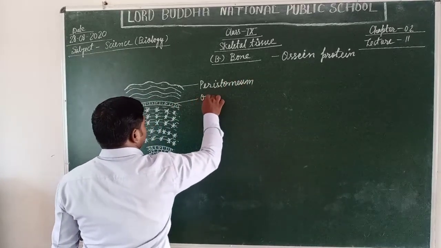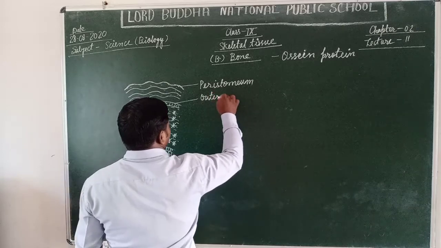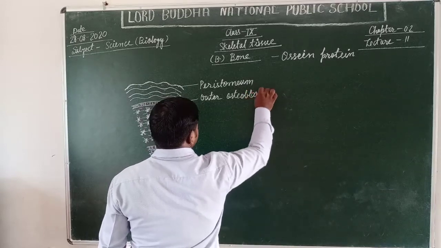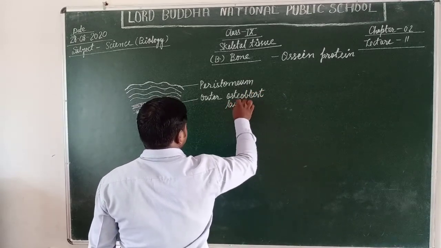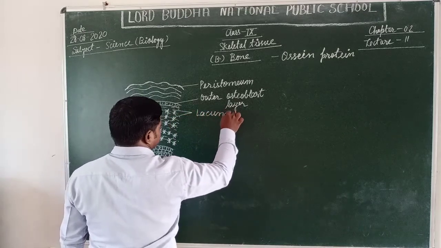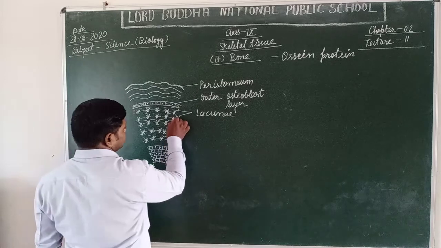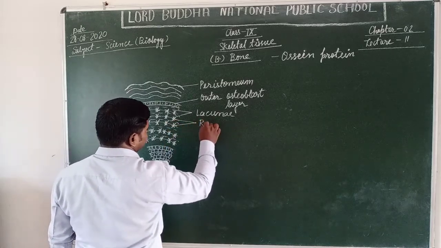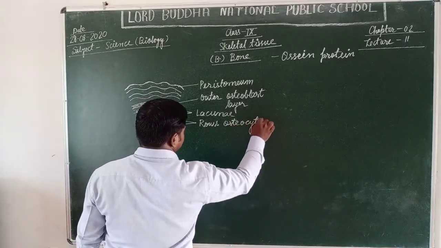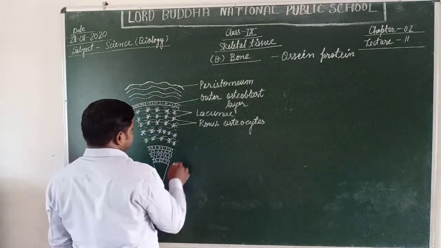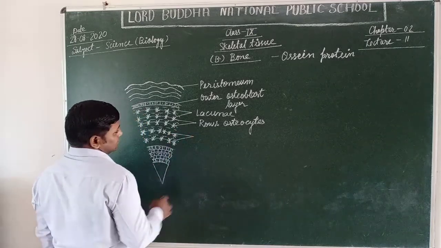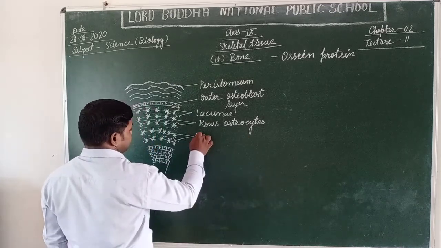This is the outer osteoblast layer. The lacuna, its plural lacunae. These are the rows of osteocytes. It means bone cells, and these are the lamellae at which these rows of osteocytes are present.